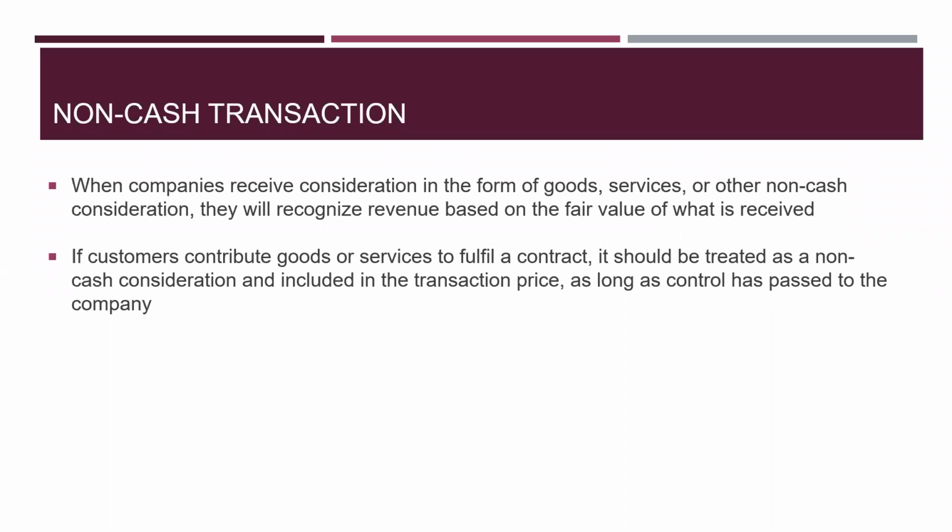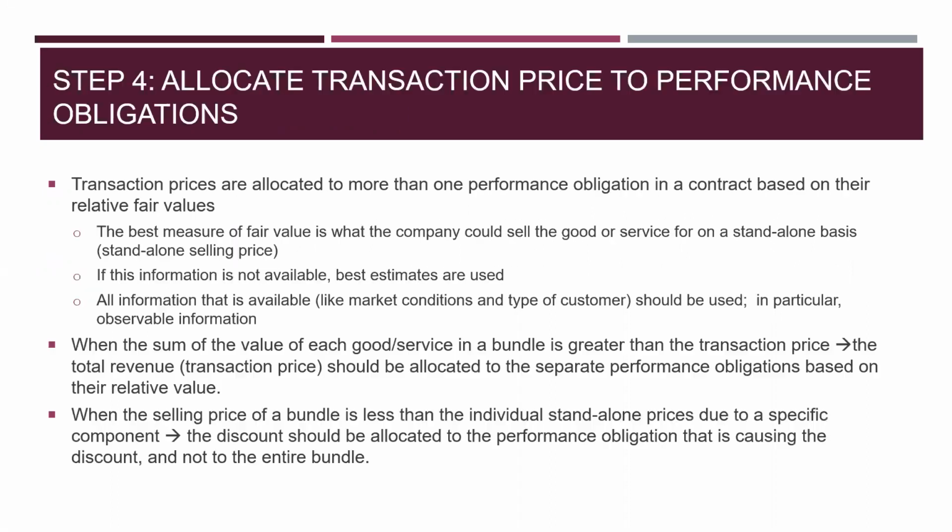If the customer contributes goods or services to fulfill a contract, it should be treated as non-cash consideration and included in the transaction price as long as control has passed to the company. So whenever you're looking at barter or non-cash transactions, you always want to consider the fair value of the asset that was received, not the asset that was given up.